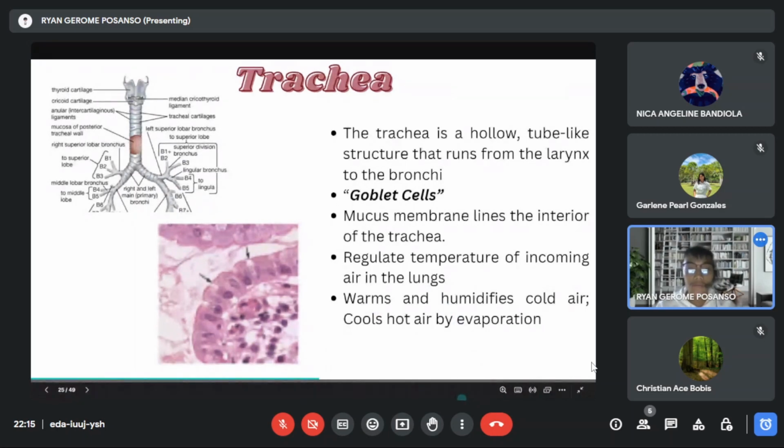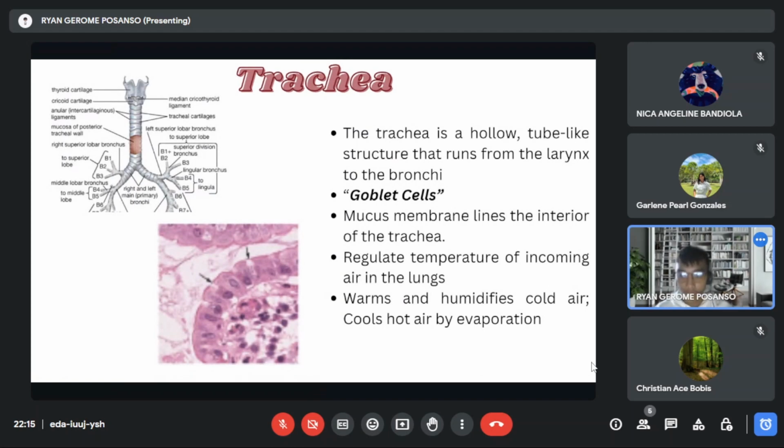So these goblet cells basically function as a line of immunity, since these cells fight off foreign debris and substances that could possibly invade our lungs.